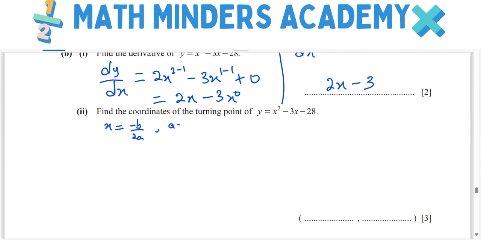Here, a is the coefficient of s squared, which is 1, and b is the coefficient of s, which is minus 3. So the s value of the turning point will be minus minus 3 all over 2 times 1. That's 3 all over 2, and we have 1.5. So for the y value of the turning point, we substitute 1.5 into this equation.